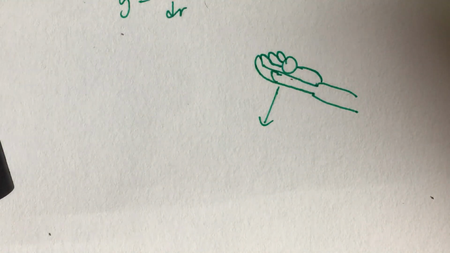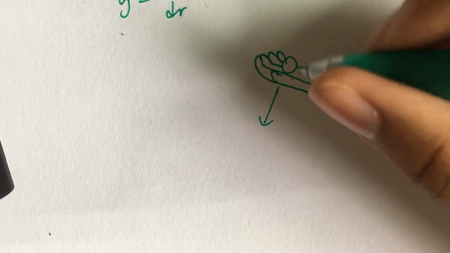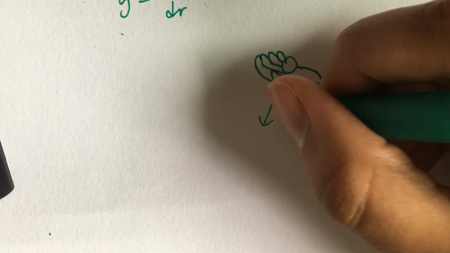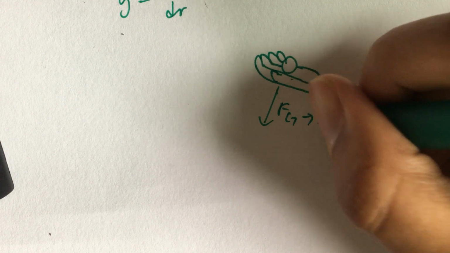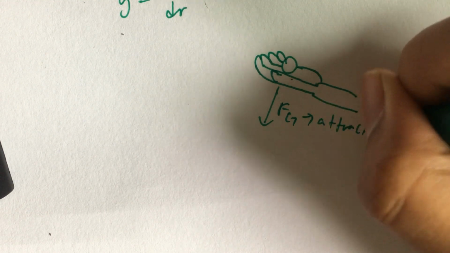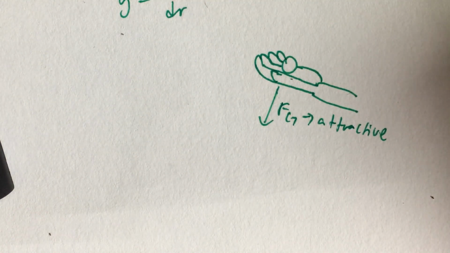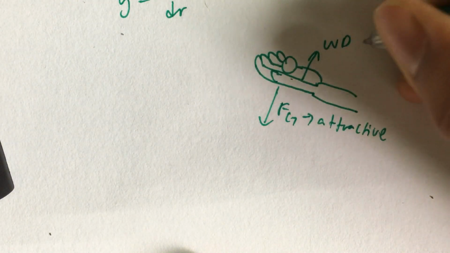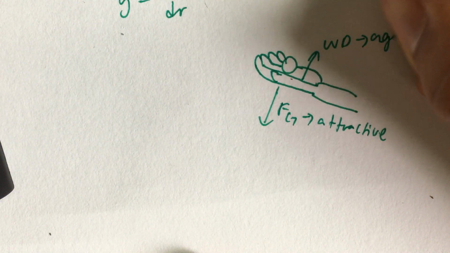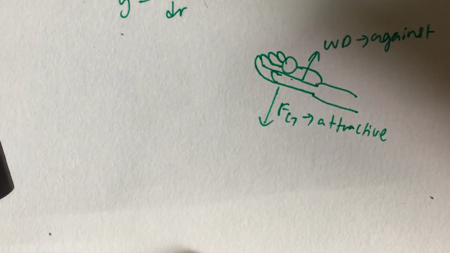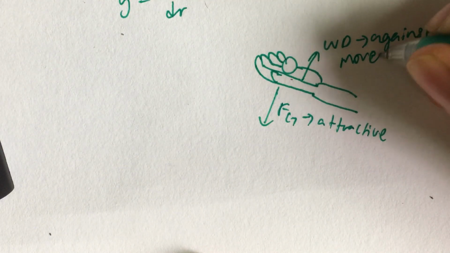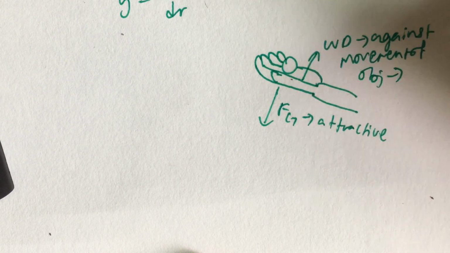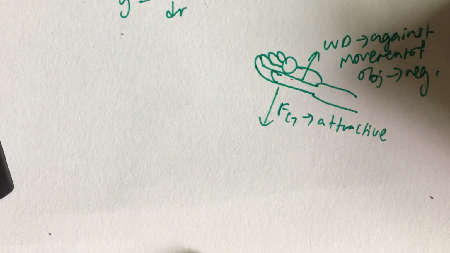You already realize that the gravitational force is attractive, so you don't really need to do work to bring something from infinity to the point because it's going to be attracted on its own. The work done here is actually against the attraction. When you're trying to support the object, you're preventing it from moving, right? So the work done is actually negative, and that's why your gravitational potential is negative.